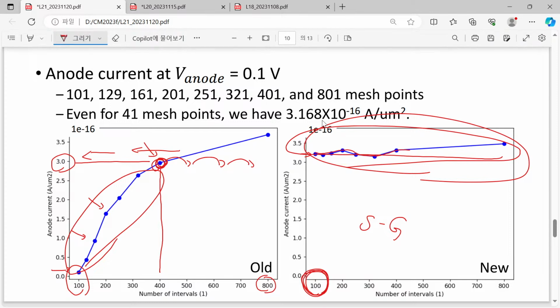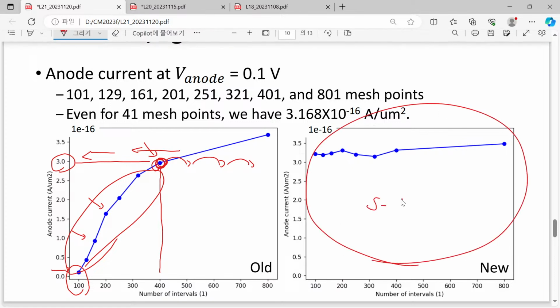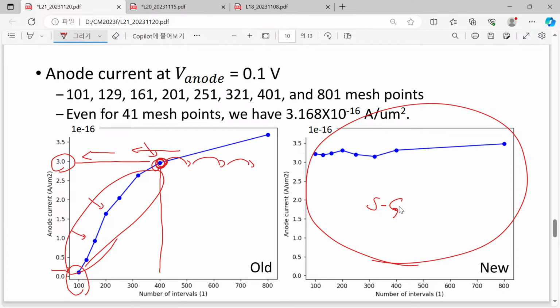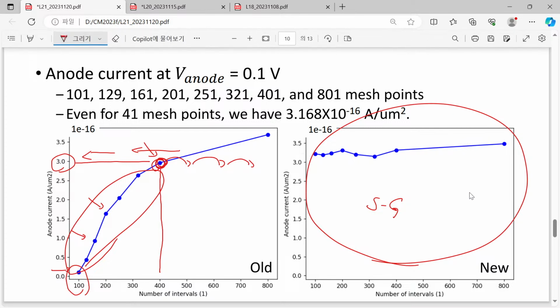That's the reason why you can use this small number of points for your real implementation. Without the Scharfetter-Gummel scheme, we cannot nowadays perform three-dimensional device simulation, because if we have to spend at least 1000 points along one direction, then what will happen to our three-dimensional simulation?